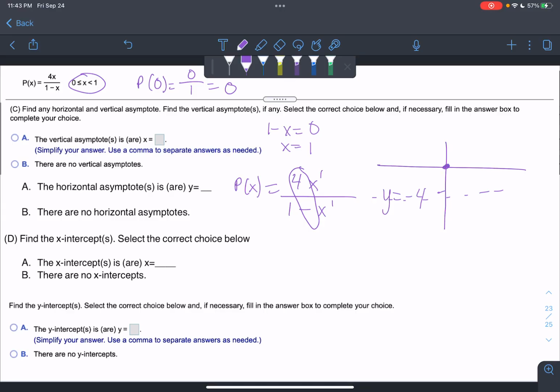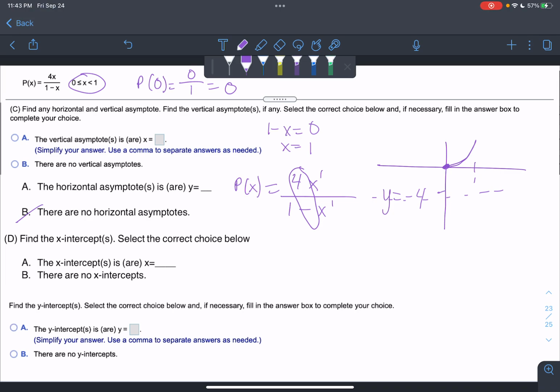And then we also found in the previous question that from 0 to 1, our function is going to be increasing. So that's why our function does not have any horizontal asymptotes for this question. If we were considering the whole function, then potentially that would come into play, but not a problem here for long-term behavior.